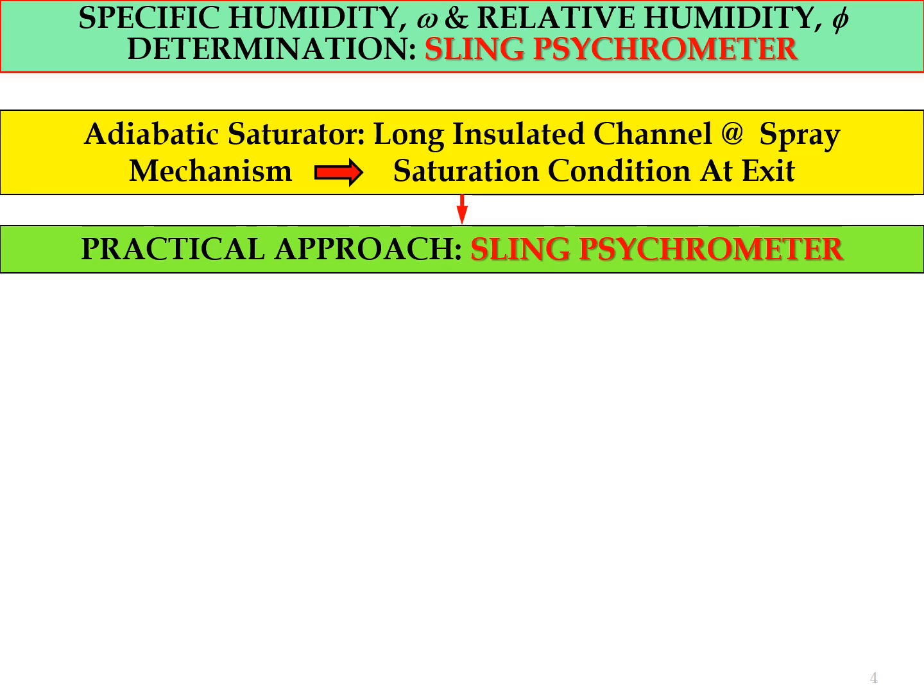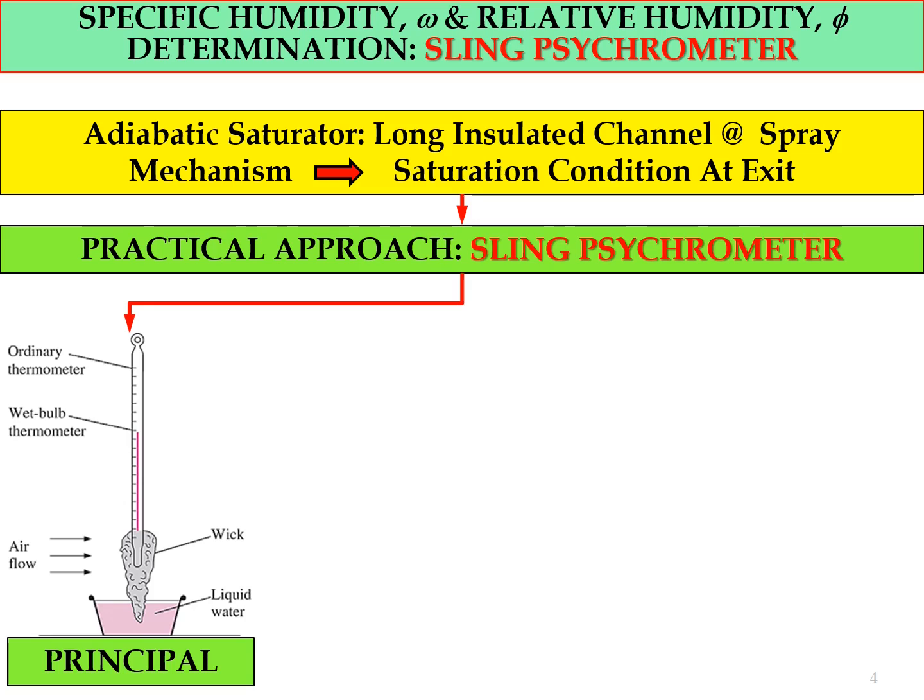This sling psychrometer uses the same concept as the adiabatic saturation process, where we use an ordinary thermometer and put a wet cotton wick at the thermometer bulb, with a container of liquid water, and we provide airflow to the wet cotton wick in order to promote evaporation.